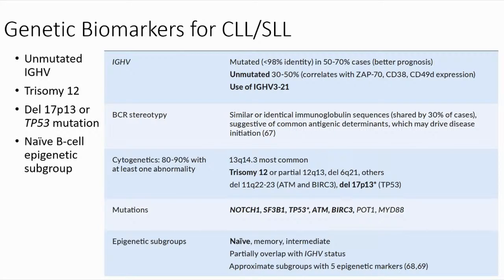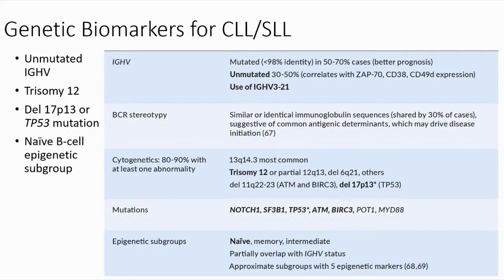As I mentioned, trisomy 12 is associated with slightly worse prognosis. Anything that's happening to TP53, deletion or mutation, these patients may not respond as well to standard therapy, so it can be worthwhile to assess that up front. So-called mutated versus unmutated status: B cells undergo somatic hypermutation as they get more refined towards a specific antigen.